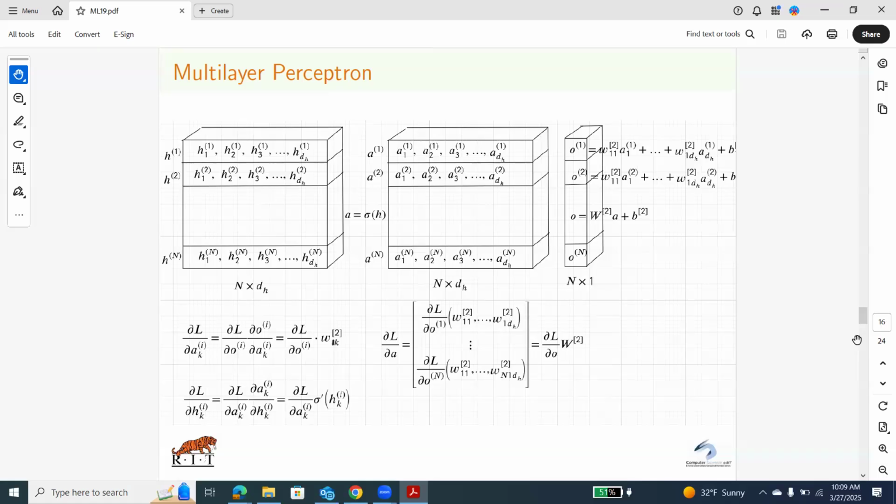Okay, this is the vector notation. The derivative with respect to O times the derivative of O with respect to A, and the derivative of O with respect to A will be just our matrix.